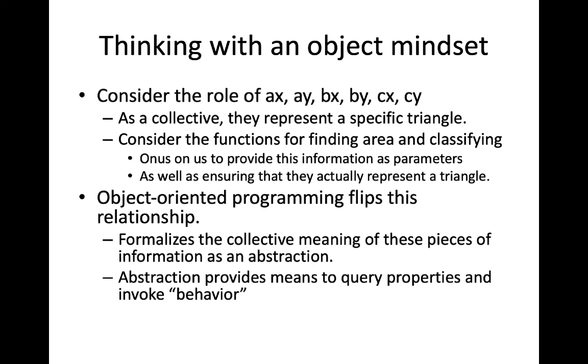But as we had experience with programming, we realized what we really need is a language or a set of languages which allow us to more rigorously and formally glue pieces together as a structure and say these things are a triangle collectively.